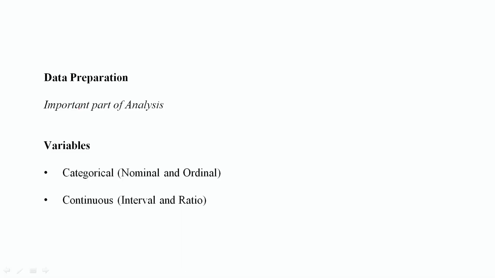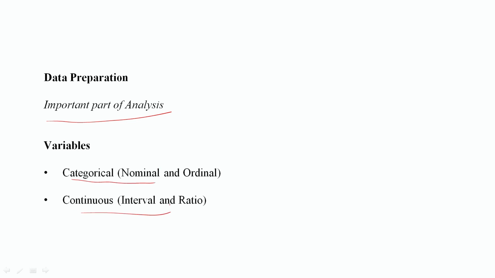Let us see minutely how the data that we collected are prepared before we go for analysis. Data preparation is a very important part of analysis, as you have already seen. The variables can be divided into two kinds: one is categorical and the second one is continuous.